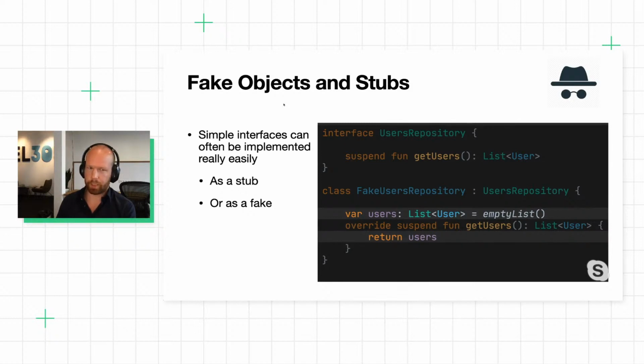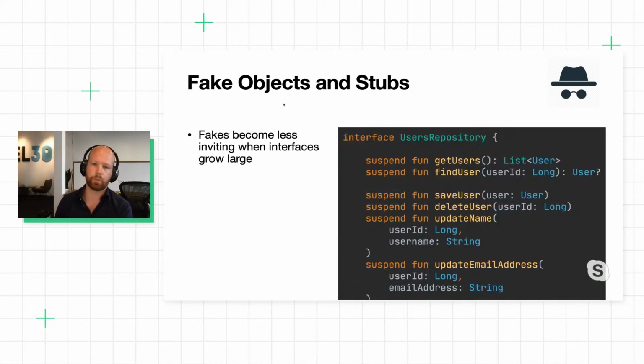But fakes become less inviting when your interface grows large. What I often saw happening is that a shared repository instance is used by a bunch of classes scattered throughout the project. So you have this get users function there, and then some other class needs to find a specific user. Then you want to delete a user, update some name, whatever, and then this repository grows larger and larger.